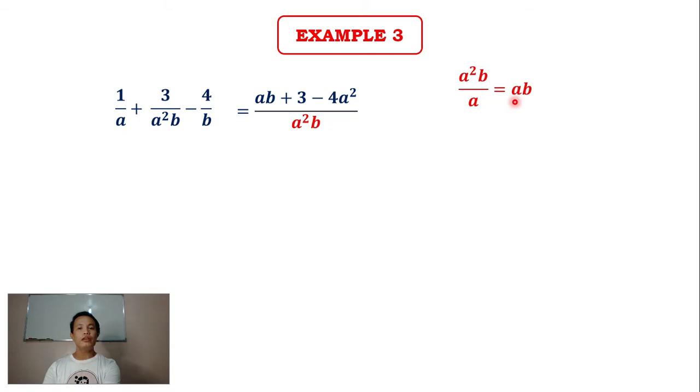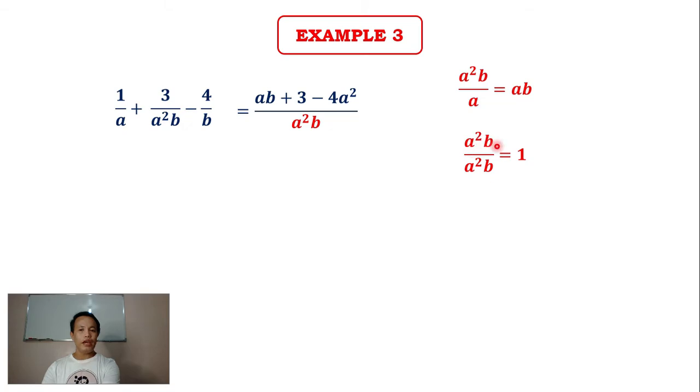So what shall remain is a and the remaining factor, which is b. So a squared b divided by a will give us ab. Therefore, ab times 1 in the numerator will give us ab.